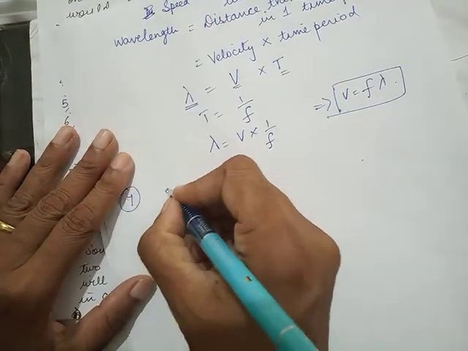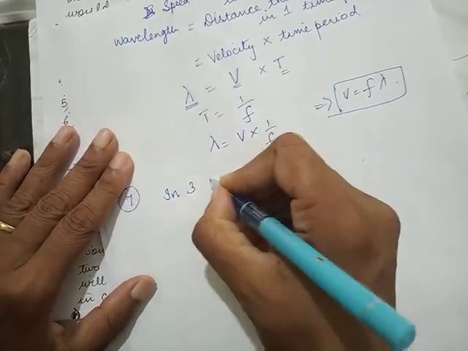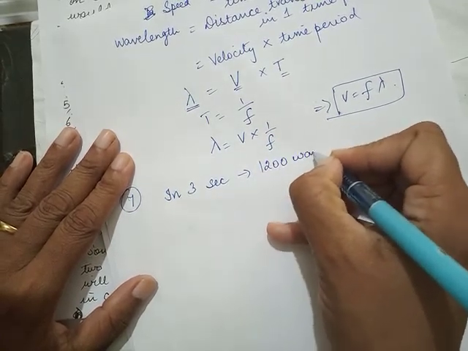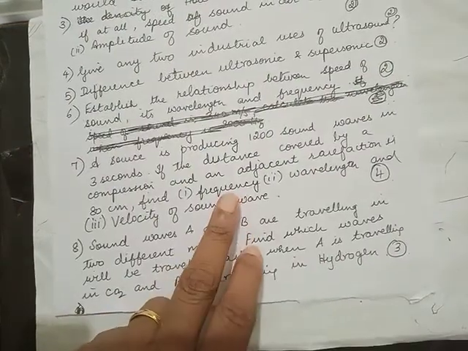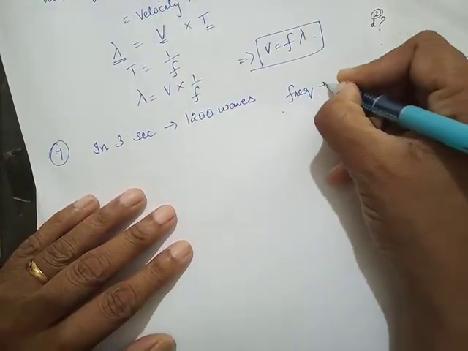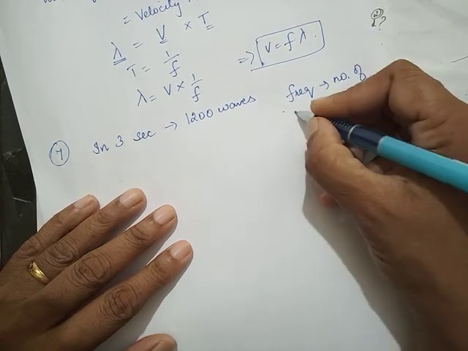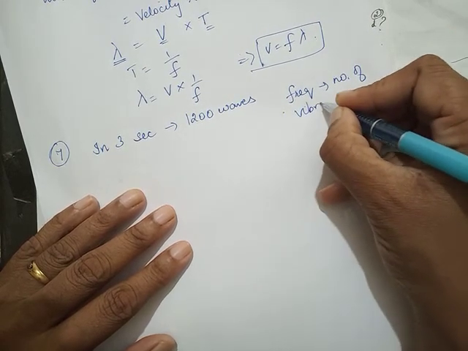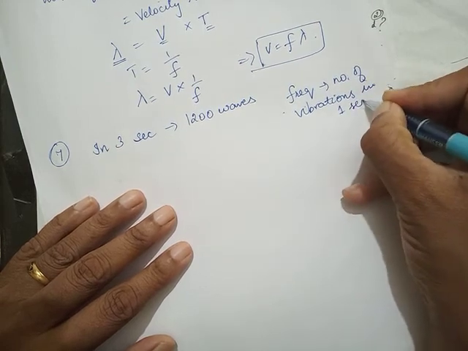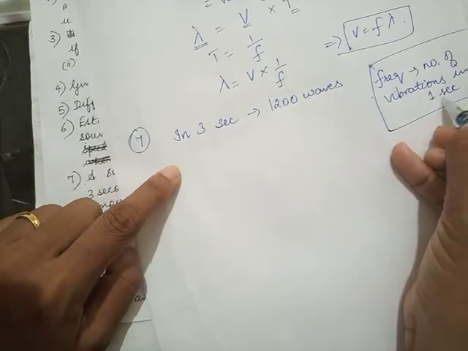In 3 seconds, how many waves are produced? 1200 waves. First we have to find the frequency. What is the definition of frequency? Frequency is the number of vibrations or waves in 1 second. So I need to know the number of vibrations in 1 second.